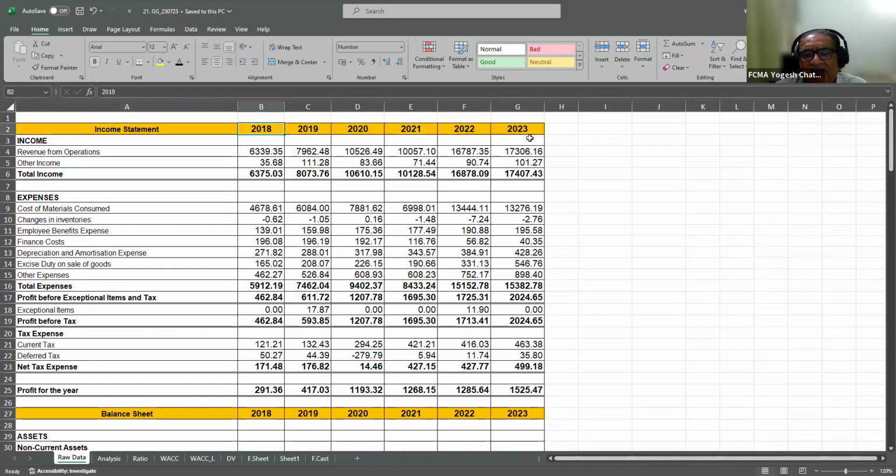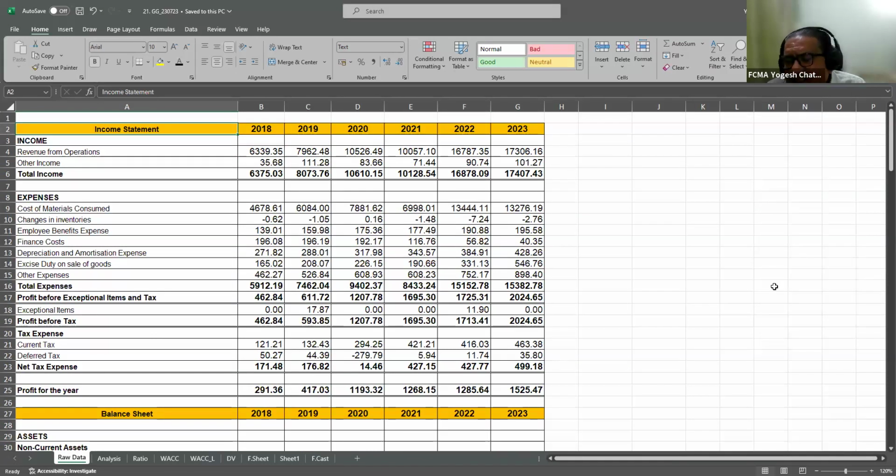Starting with the financial year 17-18, right till 2022-2023, I have taken this financial statement. So you will appreciate that the income statement, balance sheet, and statement of cash flow which we get of a listed company are in the format prescribed under the provisions of the Companies Act.